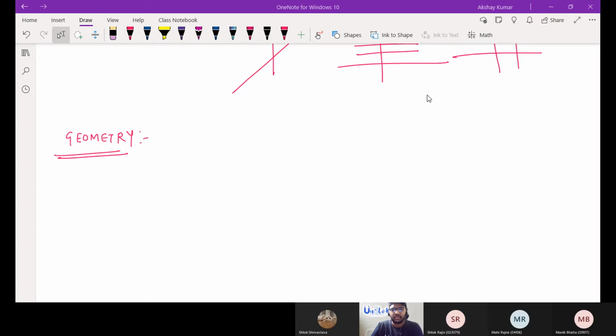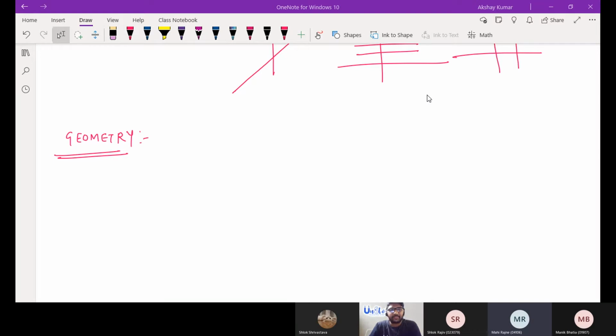Good. Manik, what are the criteria to prove triangles are congruent? There's RHS, SAS, AAS, ASA, and SSS. Correct. Mahi, what is CPCTC?